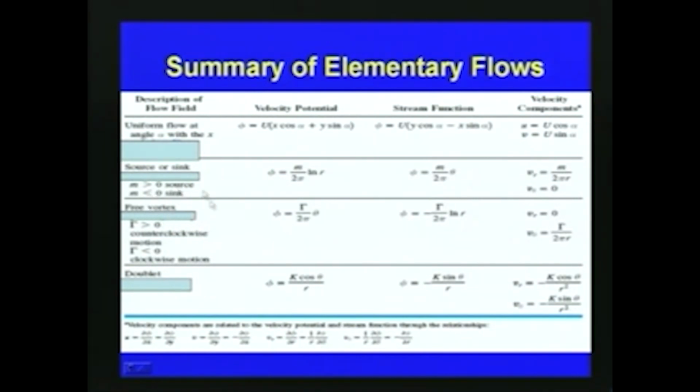And then we have seen the free vortex. For the free vortex, the velocity potential phi is equal to gamma, the circulation, by 2 pi into theta, and psi is equal to minus gamma by 2 pi natural log r. The radial velocity Vr is equal to 0, and V theta is equal to gamma by 2 pi r.